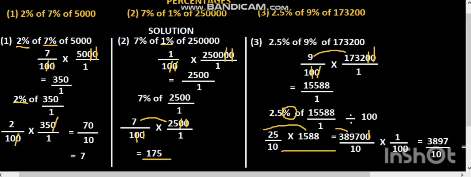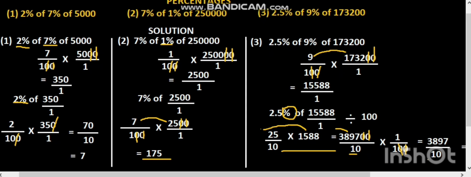So these two zeros cancel. Okay, so we are left with 3897 here. You see it here. Okay, so we are left with 3897 over 10.